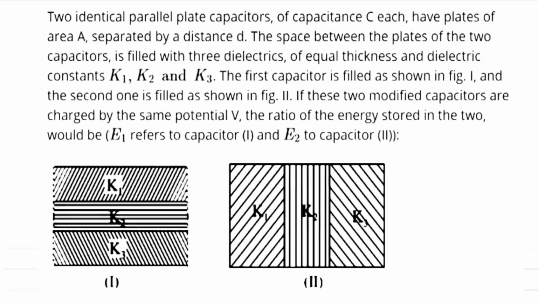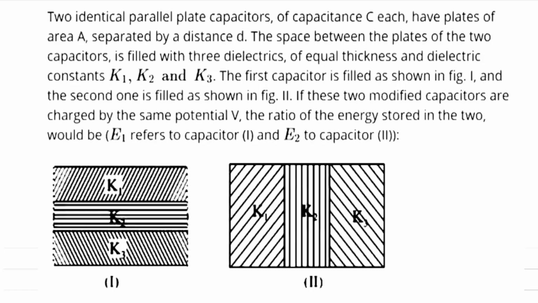So in this question they have given us two identical parallel plate capacitors of capacitance C having area A, separated by a distance d, and the space between the plates of the two capacitors is filled by three dielectrics K1, K2 and K3.